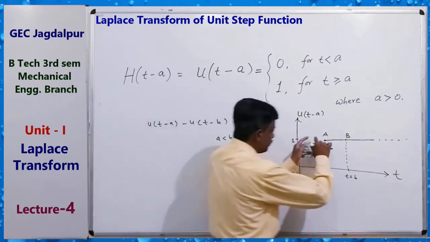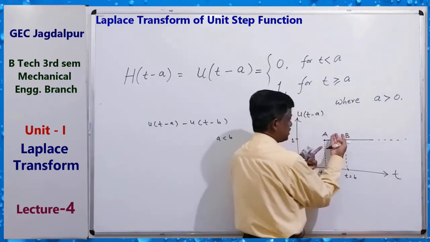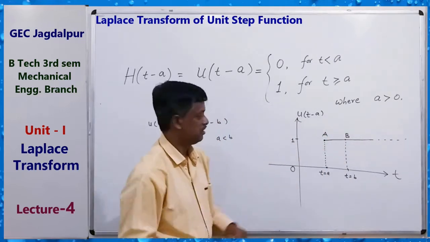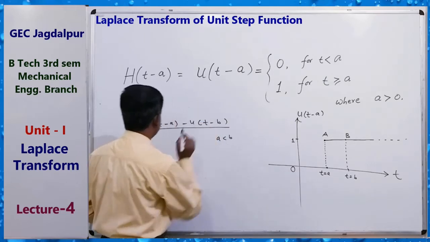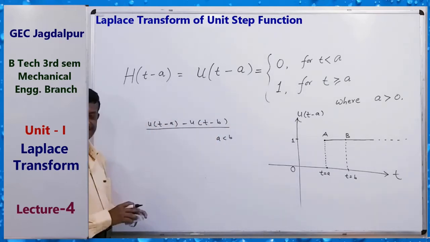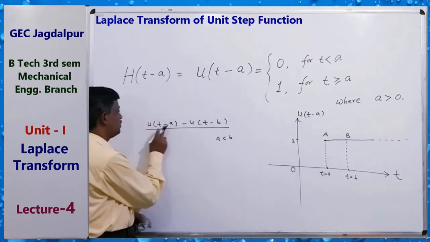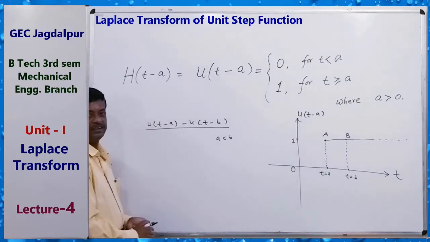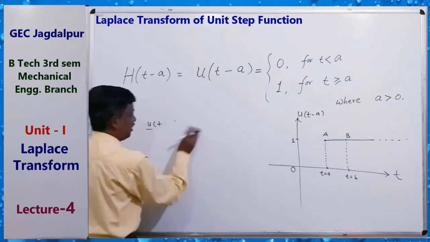So a to infinity straight line minus b to infinity straight line represents a to b, a straight line. So this function u(t minus a) minus u(t minus b) represents a straight line from a to b. Okay, remember it.